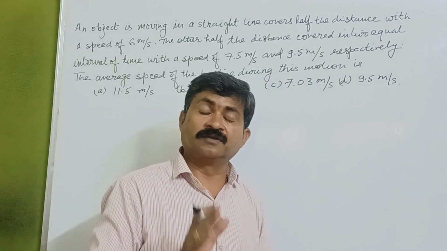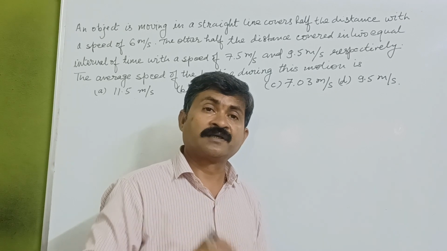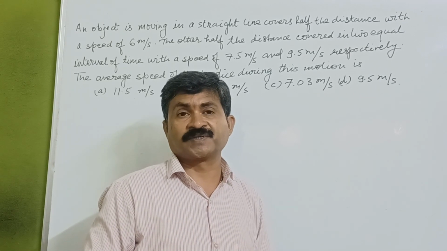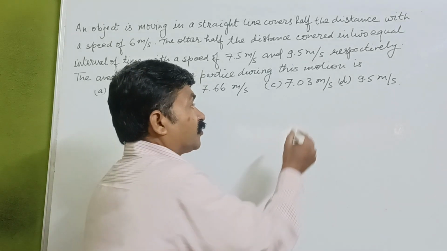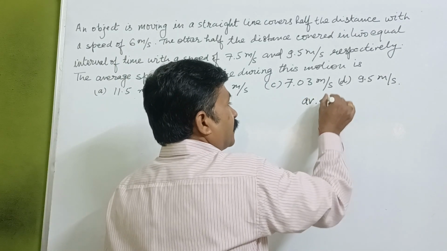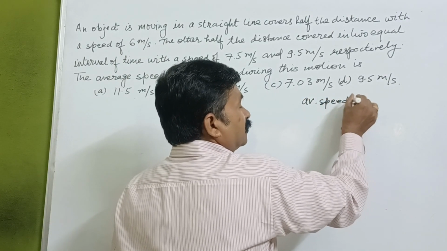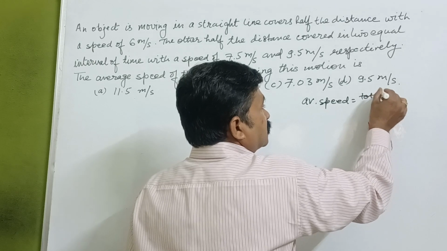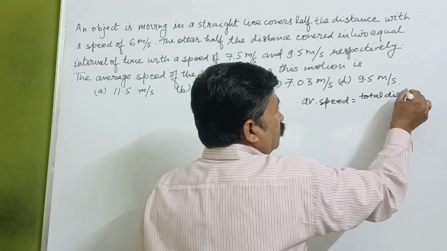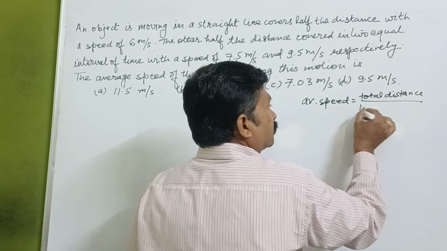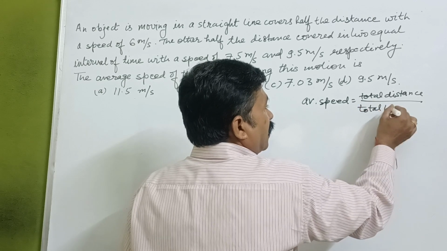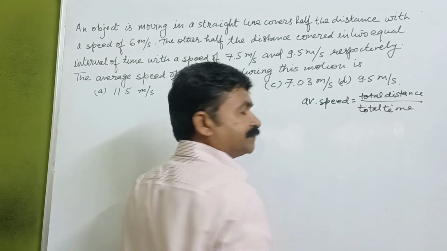We must know the definition of average speed. Average speed is the total distance covered divided by the total time taken by the object.